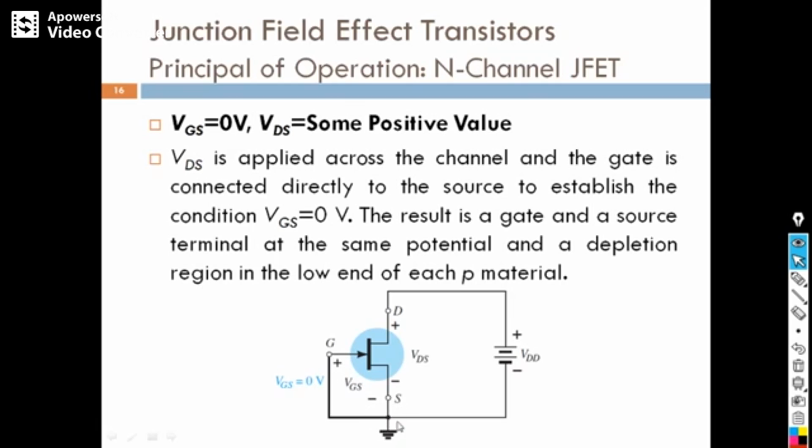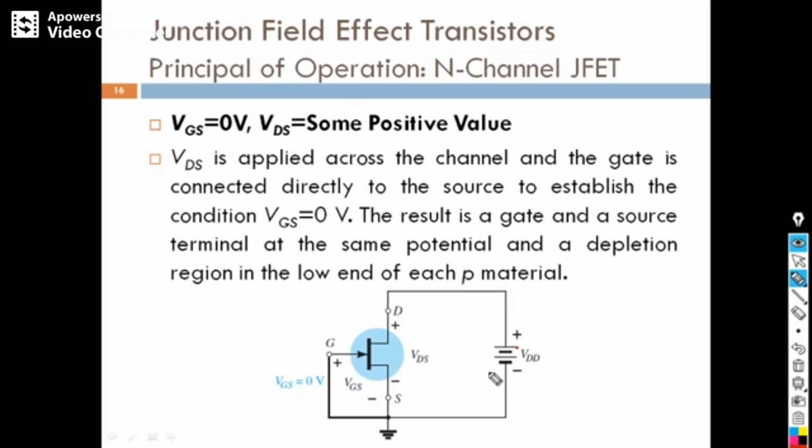Between drain and source, the N type material is connected to the positive end of the battery, and the gate, the P type material, is connected to the negative end of the battery. Then it acts like reverse bias.